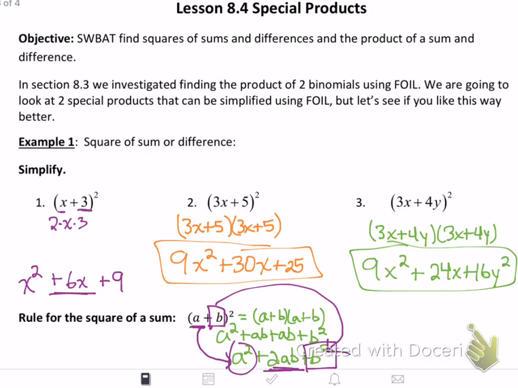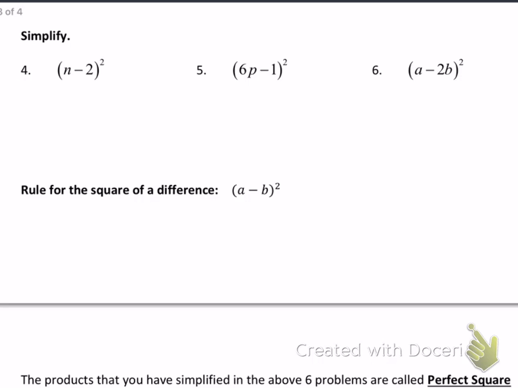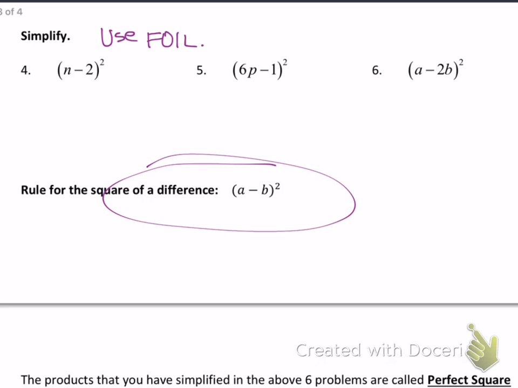So what I want you to do is, for the last 2 examples, this example where it's kind of the same thing, only you're subtracting in the middle, there's a rule for that. I want you to use FOIL for numbers 4, 5, and 6, and then see if you could find the rule, okay? So you try to figure out what the rule is.